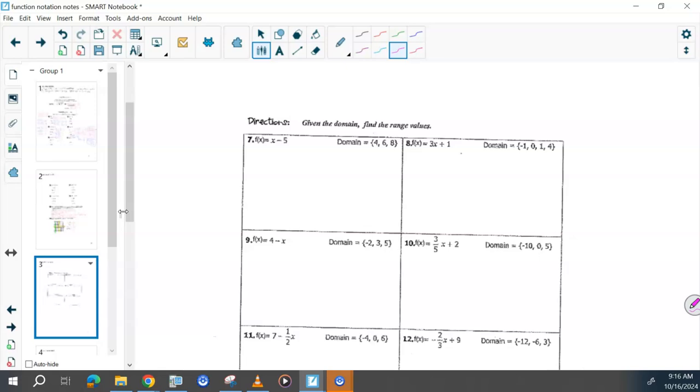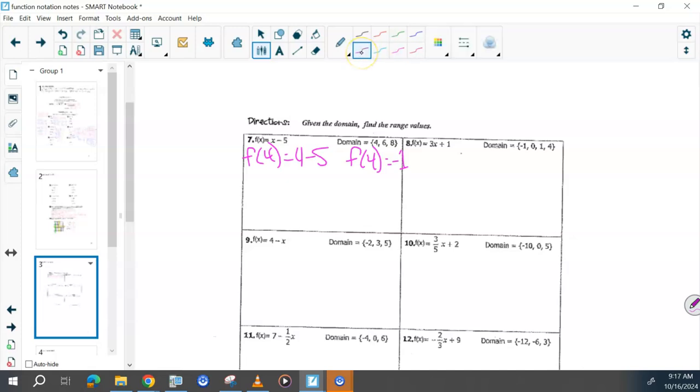Great. Now this part is very similar to what we started with, except it's given a domain with a set number of values, where we have to find their range value. So we're going to do the same thing that we did before, put each of these in, and then find each answer, and then write our answer in the solution set. So let's start with 4. F of 4 equals 4 minus 5. What is f of 4? Negative 1.